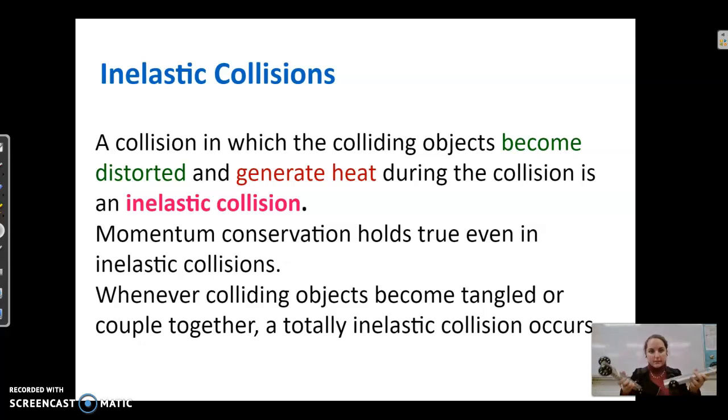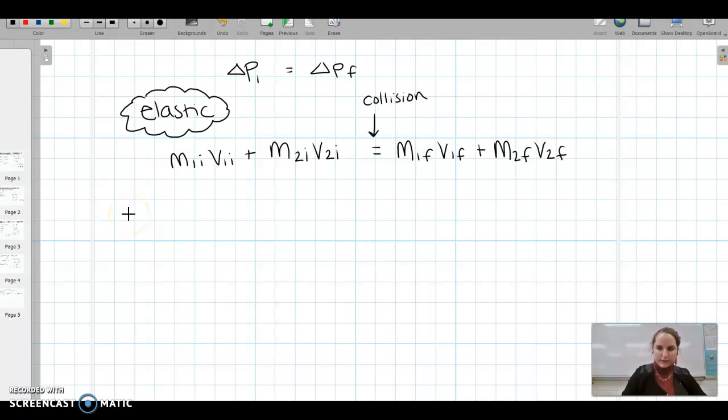But this inelastic collision still follows the conservation of momentum. Why? Because our objects are still within the same system, and all of the forces are still internal to our system. So if we were to write out our equation for inelastic collisions, it would look something like this.